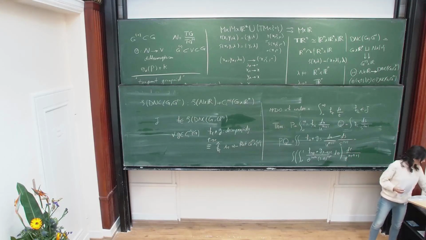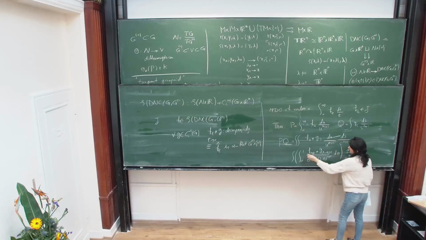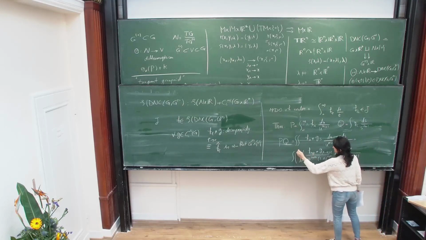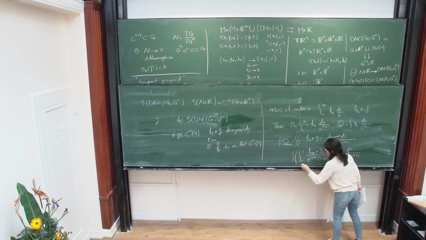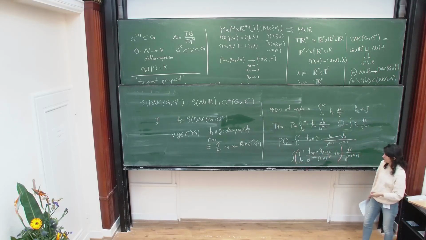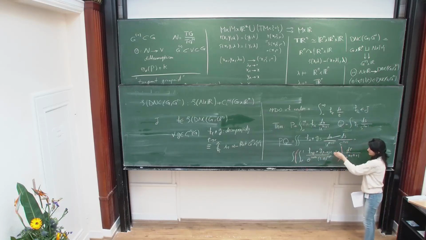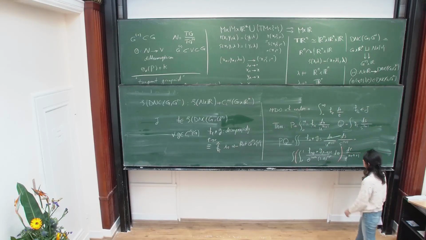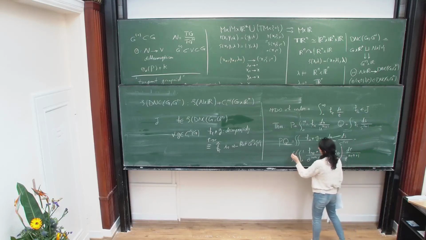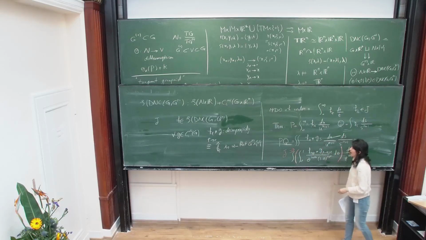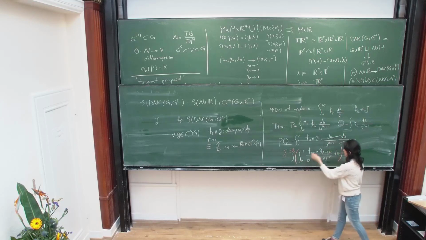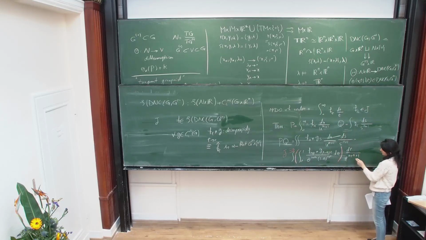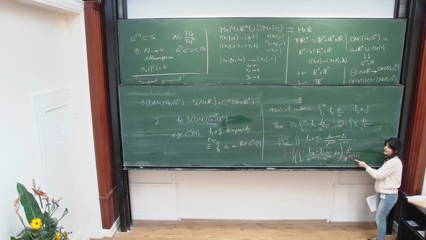So here we can show that this parenthesis is infinitely flat on G0 cross 0, so it means that the Fourier transform of this integral is infinitely flat on G0 cross 0, so it means that this belongs to J. And I obtain an integral of something in J, dt over t to the power n plus 1, which means that it is a pseudo-differential operator of order m plus n.